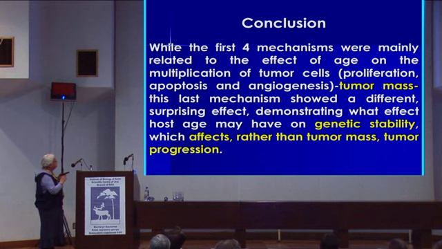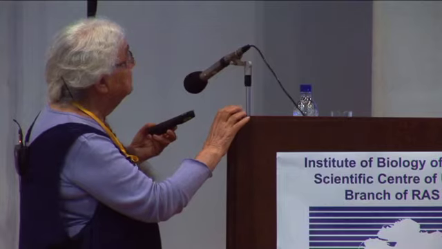In conclusion, while the first four mechanisms that I mentioned were mainly related to the effect of age on the multiplication of tumor cells, proliferation, apoptosis, and partially, of course, angiogenesis, which also has other effects, in fact tumor mass.